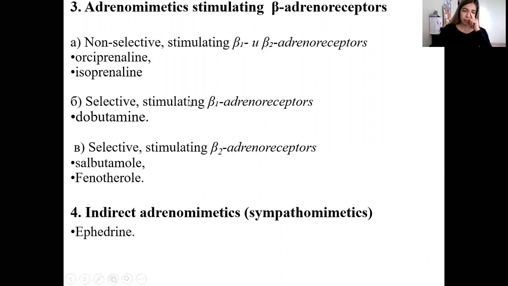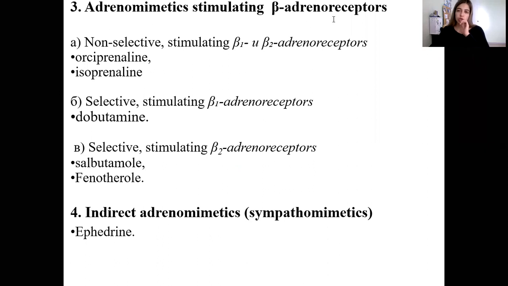Beta 1 is stimulated by dobutamine, and the stimulants for beta 2 receptors are, for example, salbutamol, fenoterol. The first drug affects mostly the heart, and this one affects mostly the bronchi. Remember about the beta 2 receptors? I told you that beta 2 is for relaxing. Beta 2 is the relaxing receptors. So these drugs will relax the bronchial muscles.